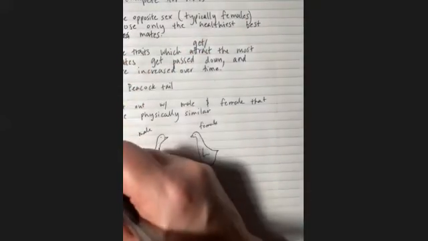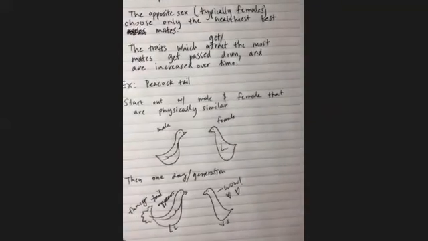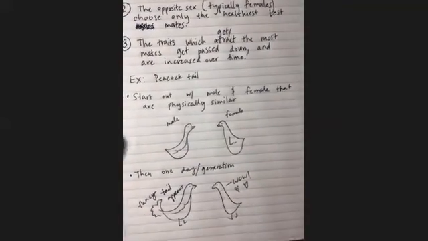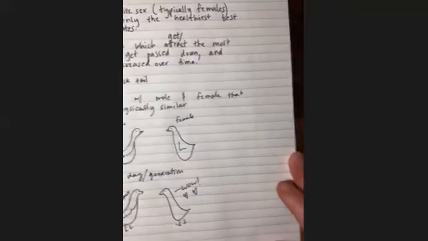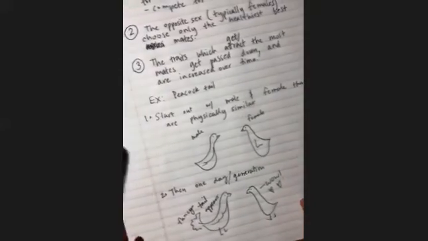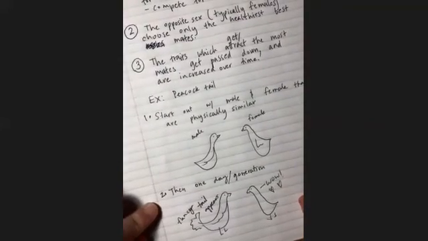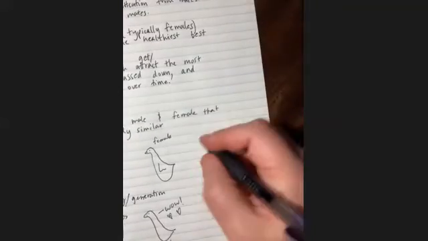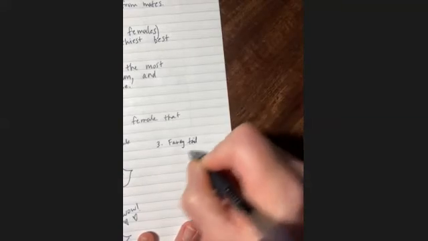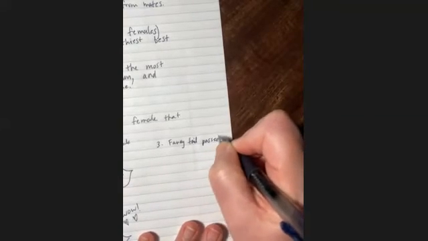So we started here, then we have one generation where we get this fancy tail peacock. I'm just going to continue over here in the corner. Number 1, 2, sorry, my camera is shaky, and then number 3 would be fancy tail passed down.